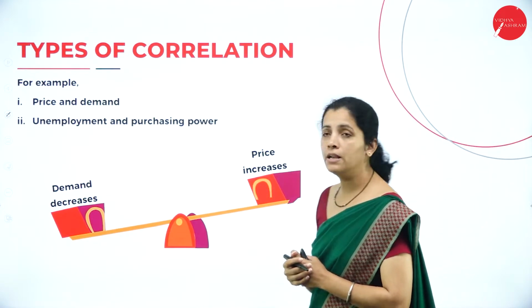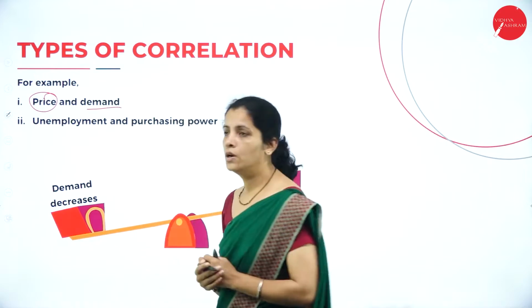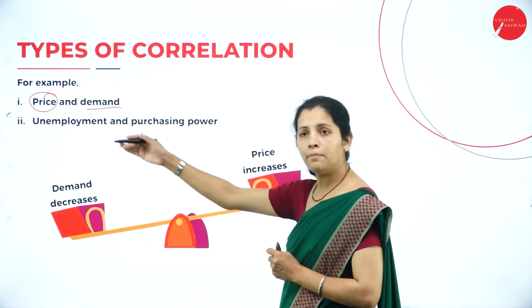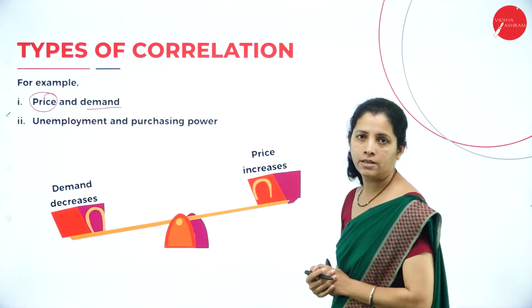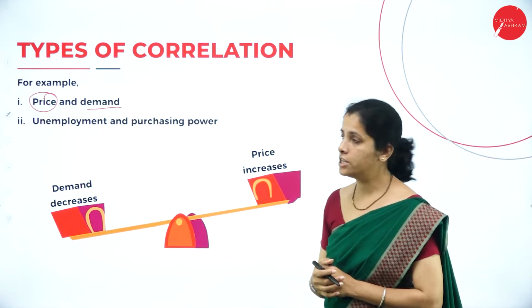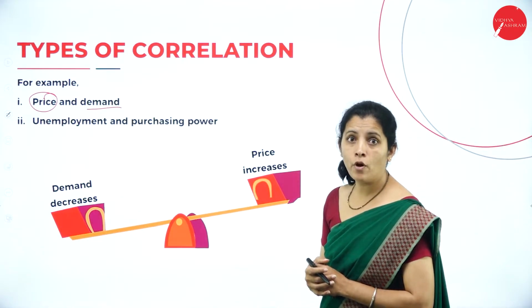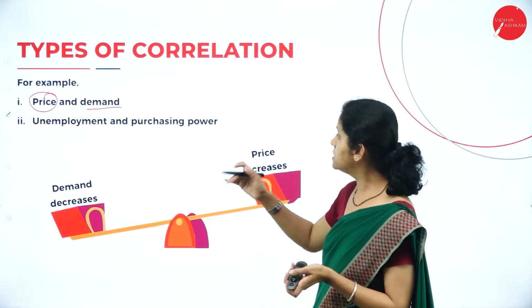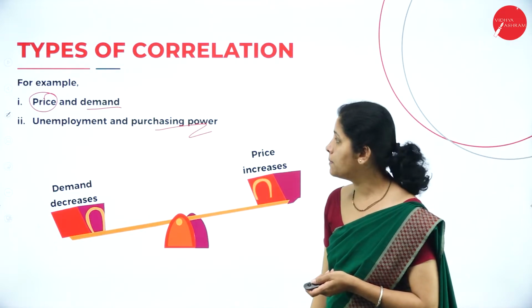The best example here is price and demand: as the demand decreases, price increases. Another one is unemployment and purchasing power: as the unemployment increases, the purchasing power decreases. These are the two examples.